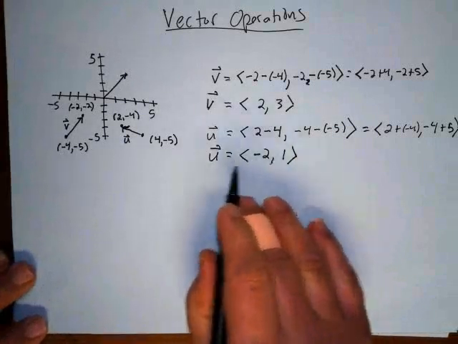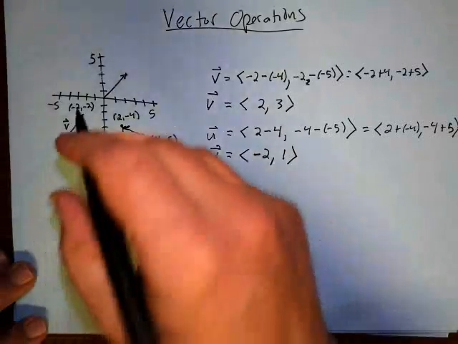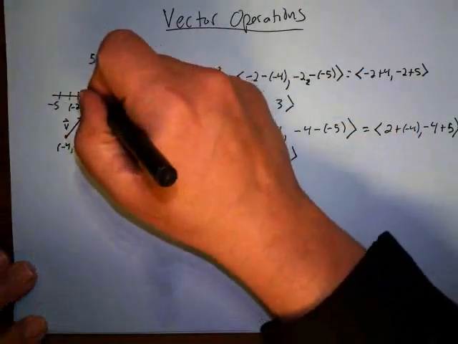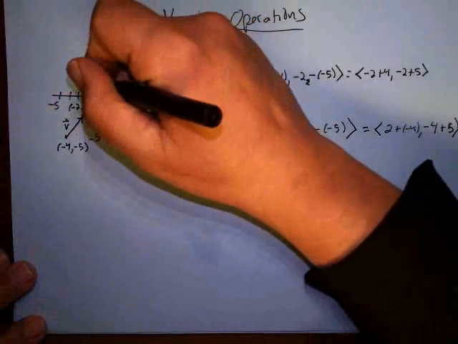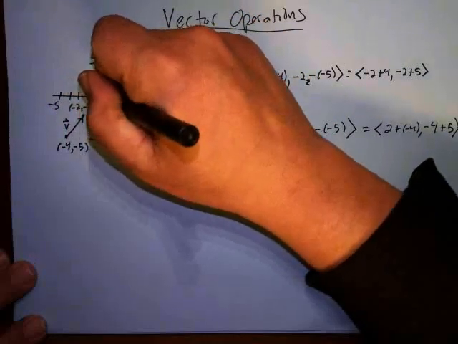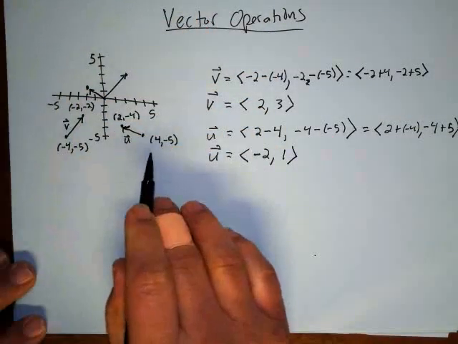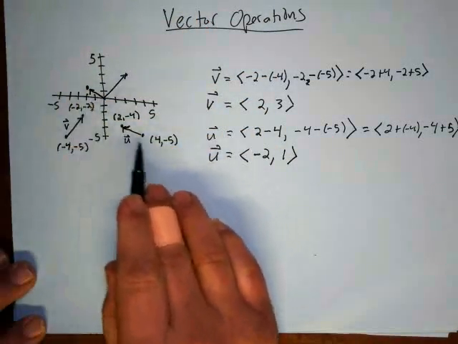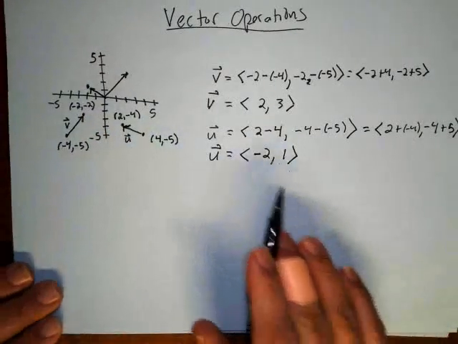This is the standard position for this vector: over -2, up 1. What I got here is that same vector, just positioned at the origin going to that ordered pair.